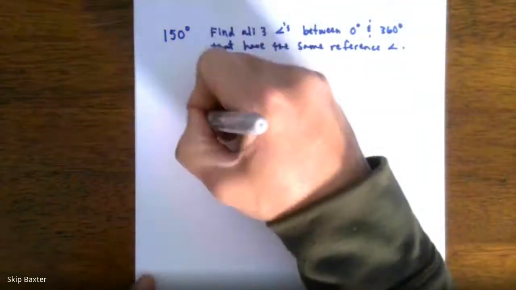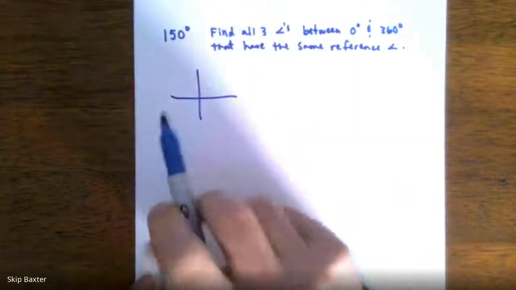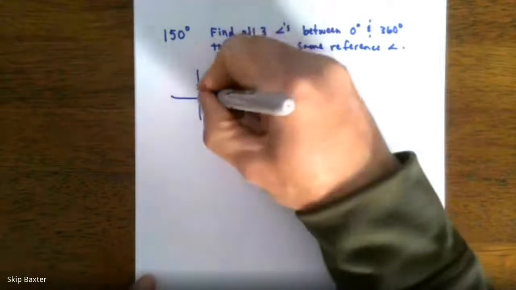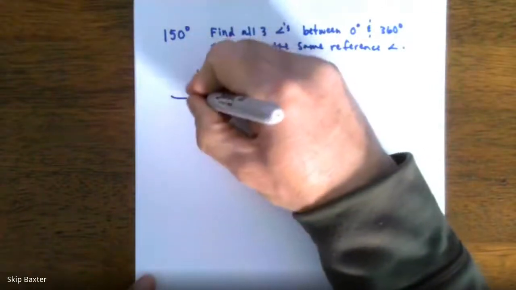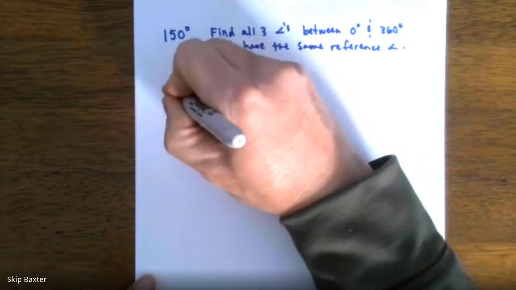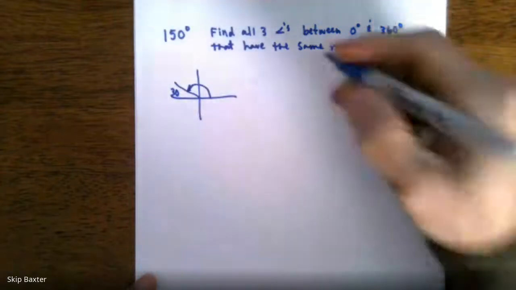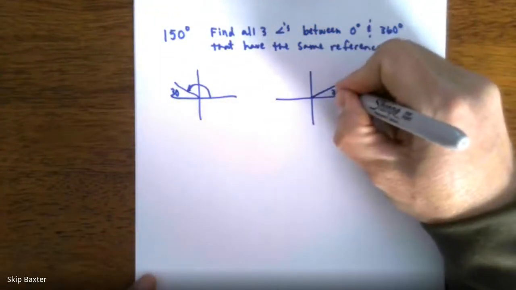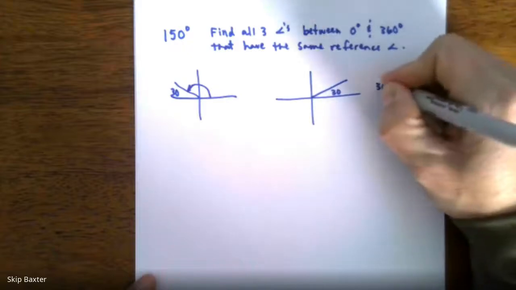Okay, so in this case, 150 is more than 90, but it's less than 180. So 150 would be like over here. The reference angle is 30, right? So then all they want to know is, well, what's the angle in the first quadrant where this angle is 30? The answer is 30, right?